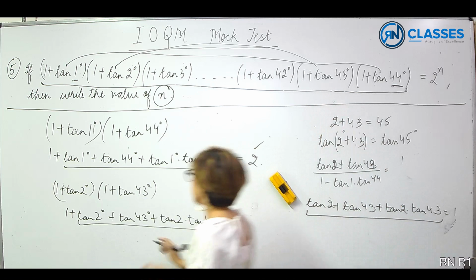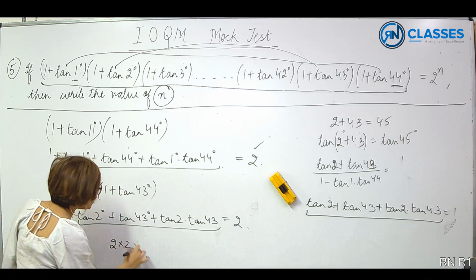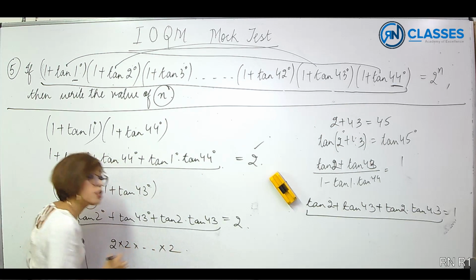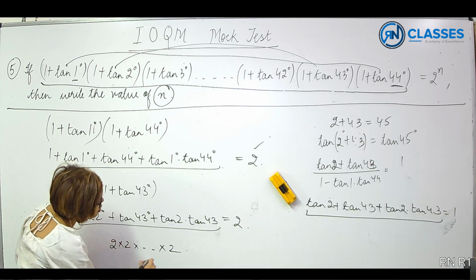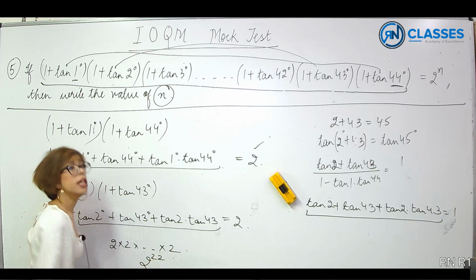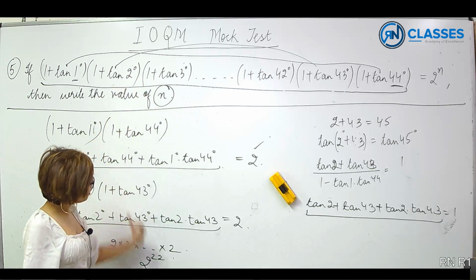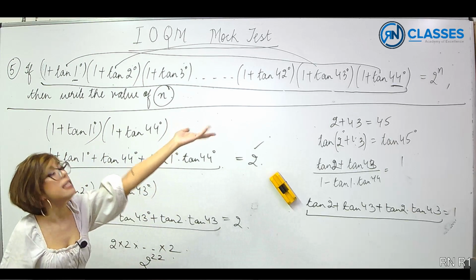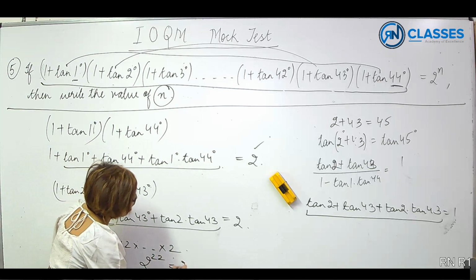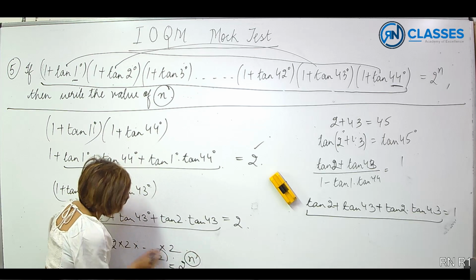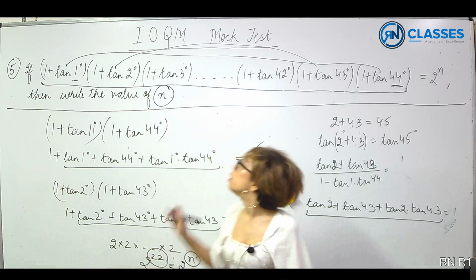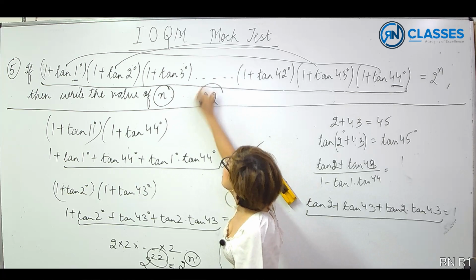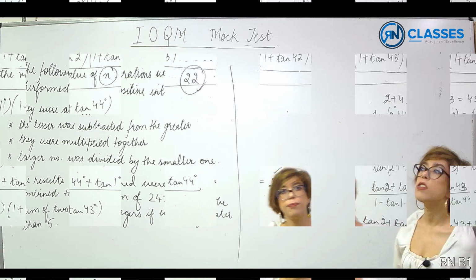So it will be 2 into 2 into so on into 2, 22 times. So that means 2 to the power 22. The product of this quantity is nothing but 2 to the power 22, which is equal to 2 raised to n. Which is obvious that n is equal to 22, which is the correct answer for this question.